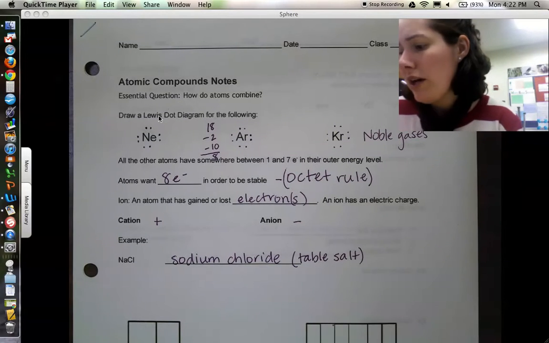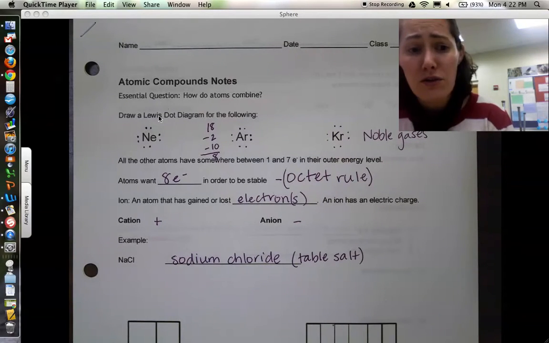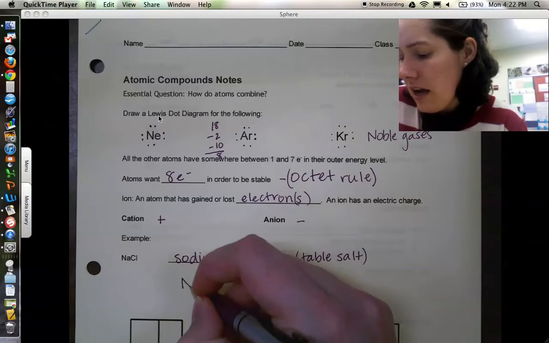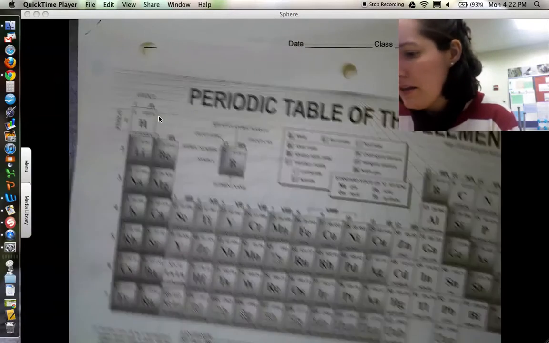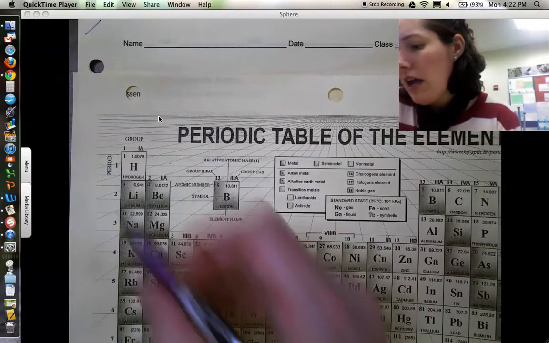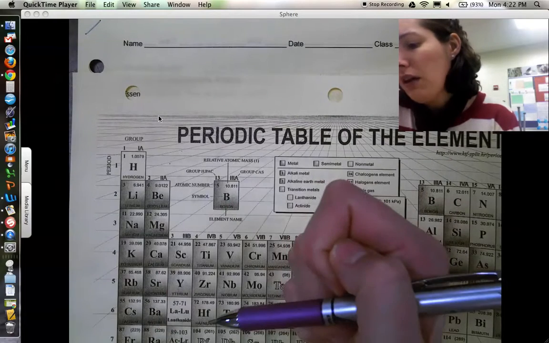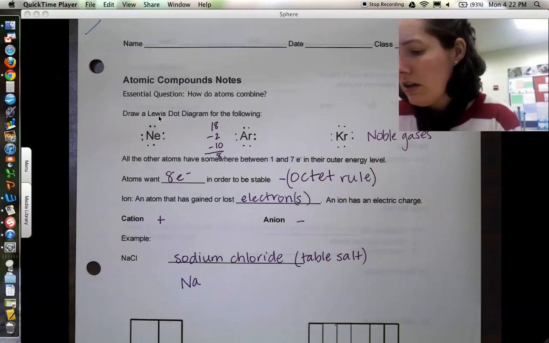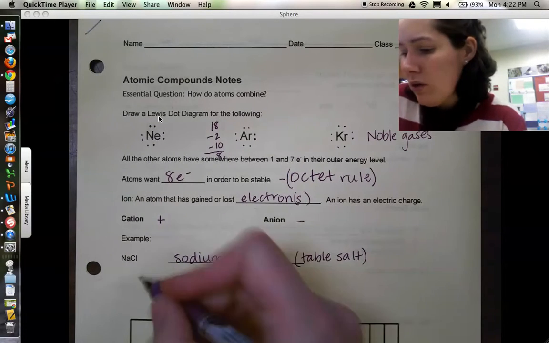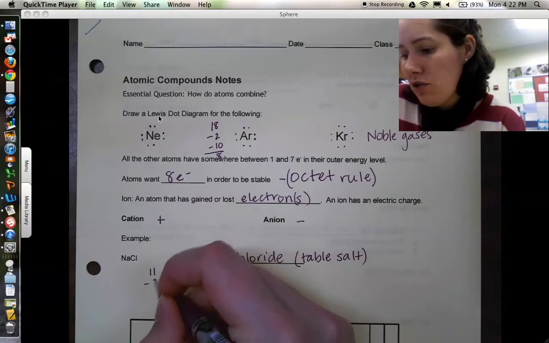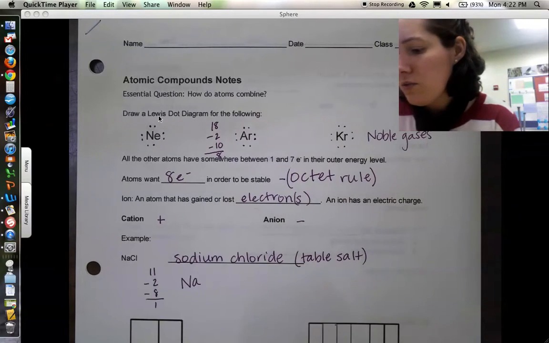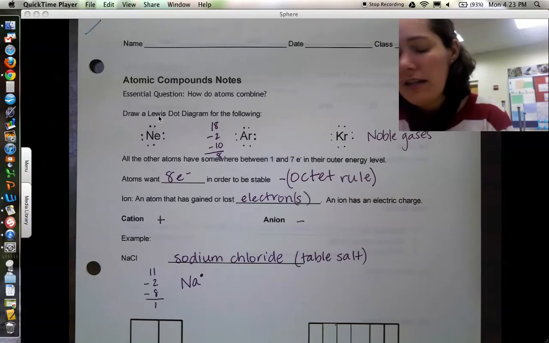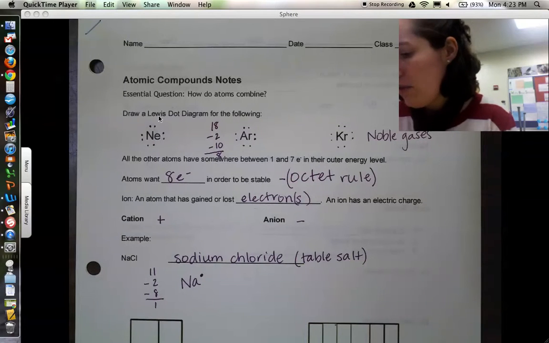So sodium chloride, if we were going to draw a Lewis dot structure for sodium and a Lewis dot structure for chloride, what that would look like is Na. Well, Na has, as we can tell, an 11 as an atomic number. 11 means that it has 11 protons. And if it was a neutral atom, it would have 11 electrons. Well, we know that 11 minus 2 minus 8 is going to leave us with only one electron. And so Na has a single electron on its outer energy level. We can do the same thing with chloride.